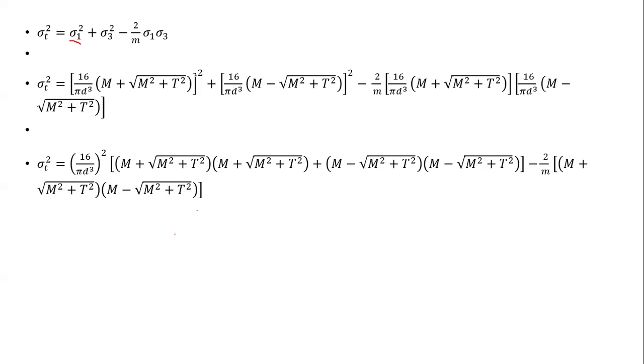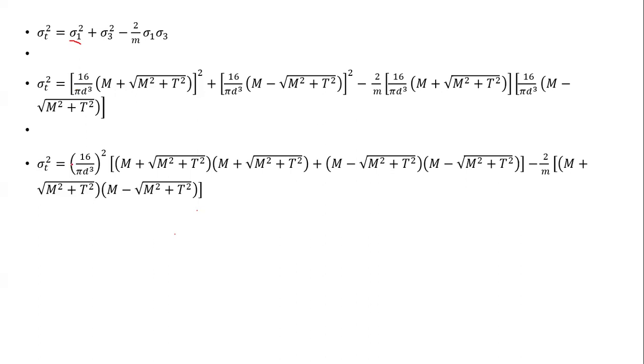The square is outside, just like that. So with such, you're going to see that the multiplication of those will double also, because this 16 over pi d cubed is squared. This square belongs to them. This square also belongs to this.